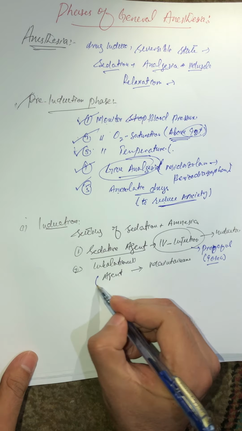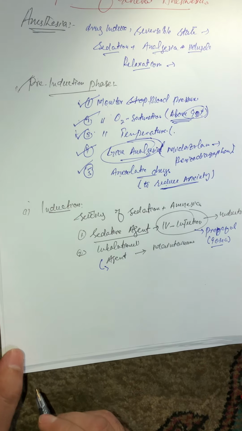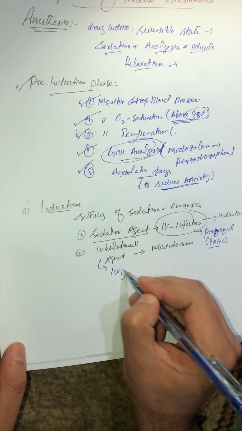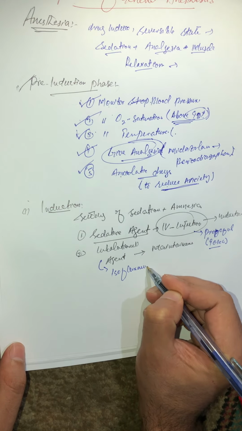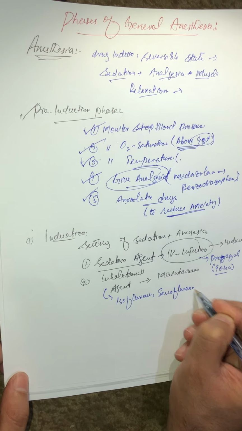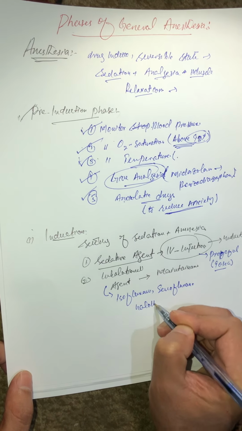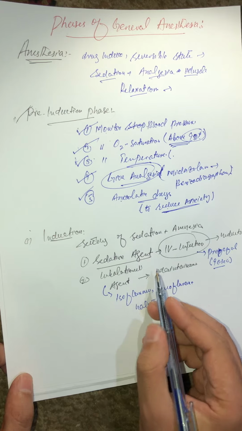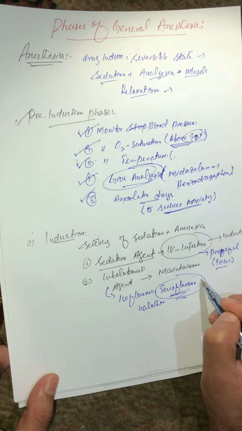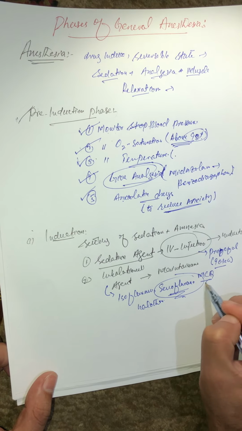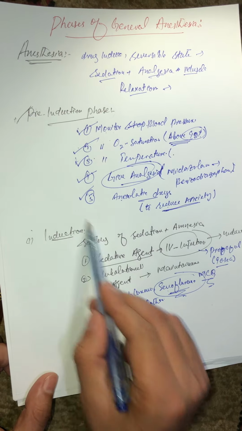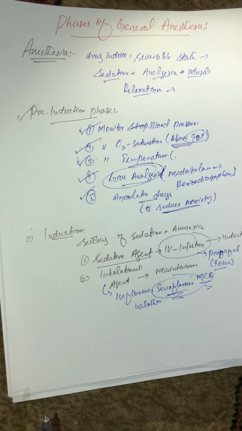The inhalational ones include isoflurane, sevoflurane and halothane. But the most commonly used is sevoflurane. And this is an MCQ also. The most commonly used inhalational agent is sevoflurane.